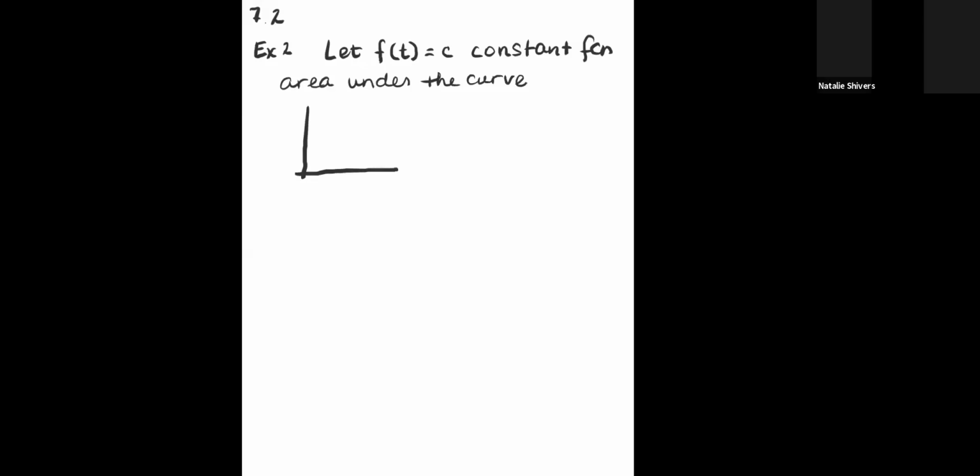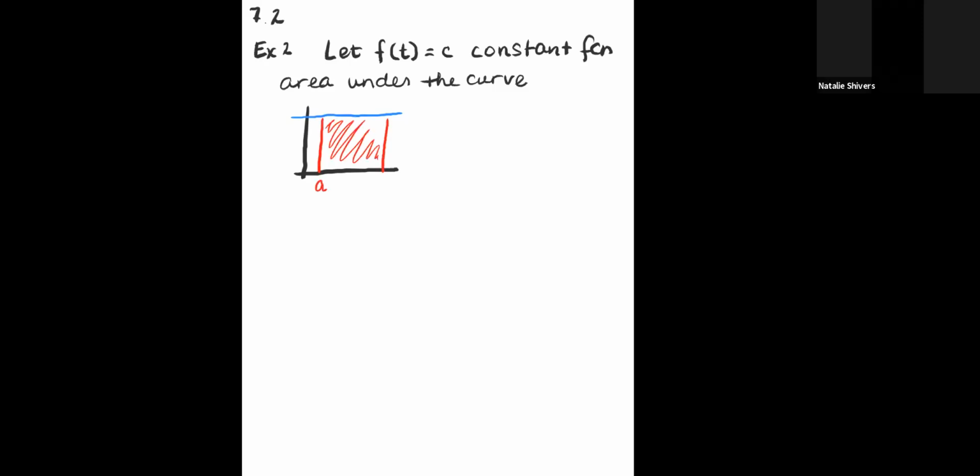Normally I do it later, but I think it'll help here. So we have this constant function. Okay, it's a horizontal line. And we're going to look for the area under it. Somewhere from here to here, we want all this area underneath it.